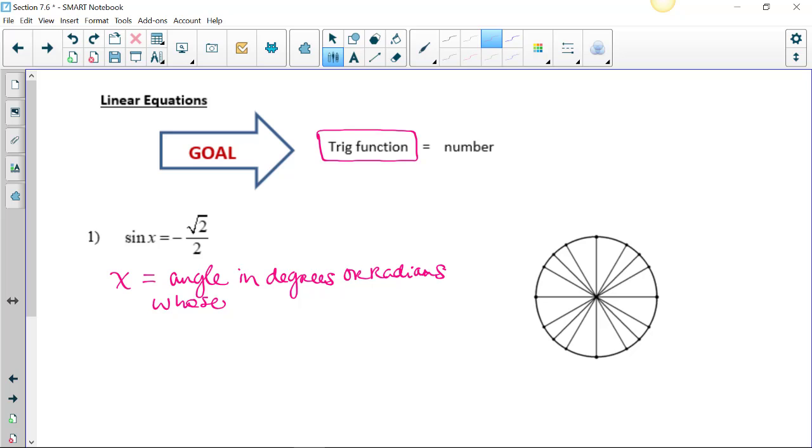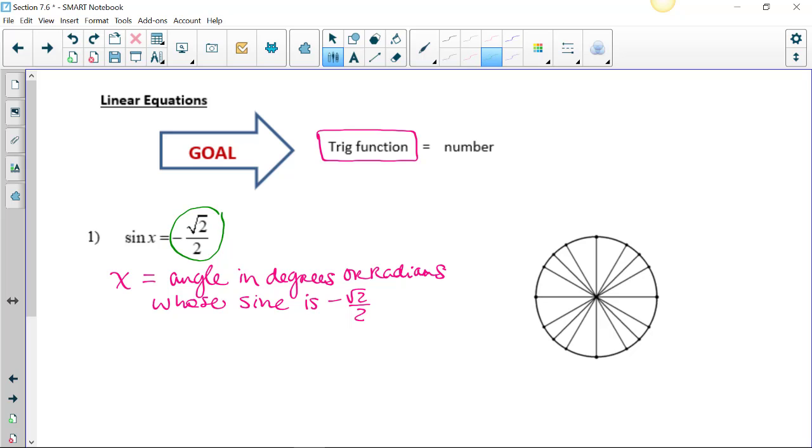Whose sine is negative square root of 2 over 2. Think back to what we know about the sine of an angle and the fact that I recognize that negative square root of 2 over 2 is a unit circle value.